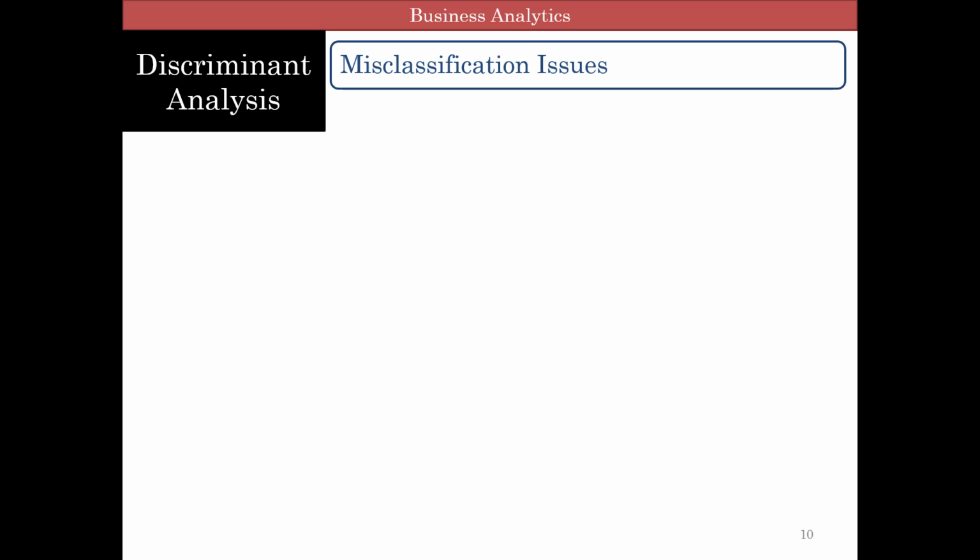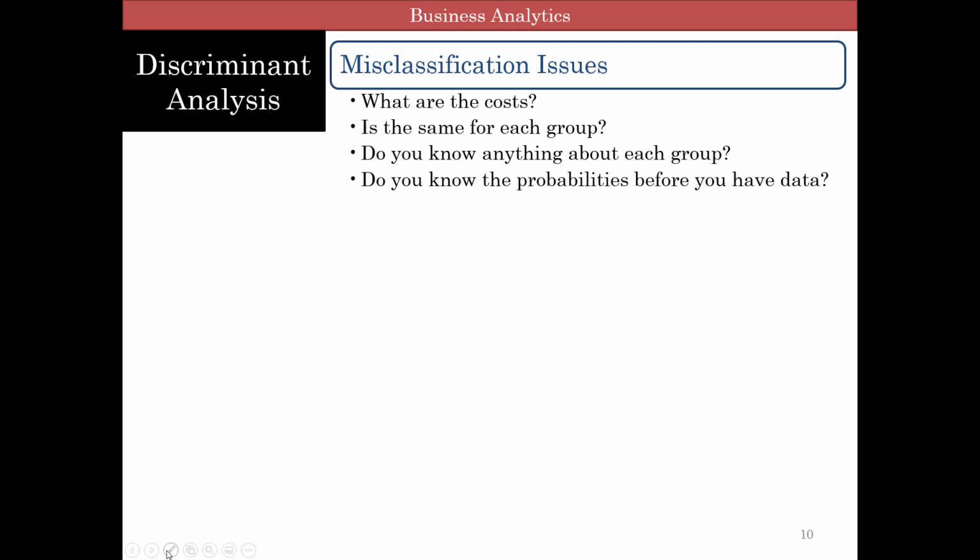Okay, so let's look at the issues of misclassification, right? When we say things are group 1 when it actually is group 2, or when we say something is group 2 when it's actually group 1. Let's take an example where it makes it very obvious to you. The costs, let's make an example of the costs.